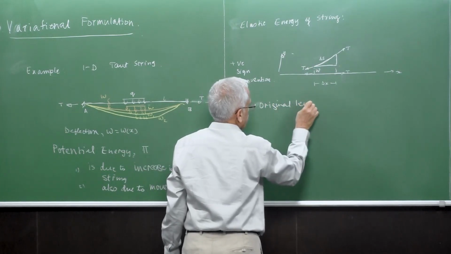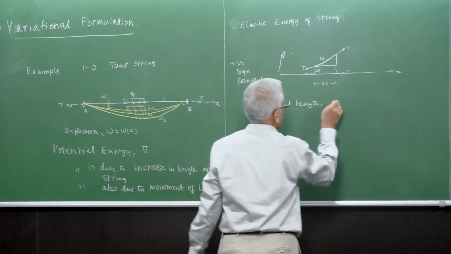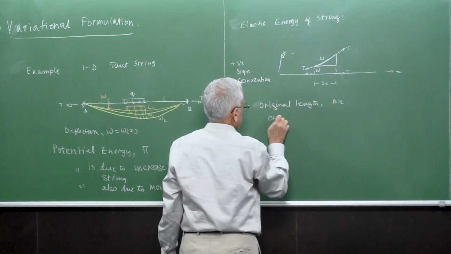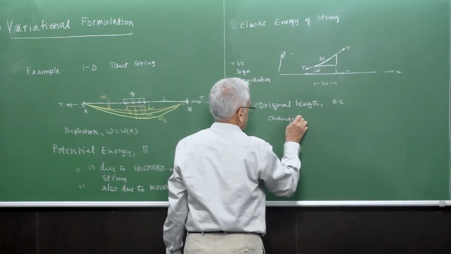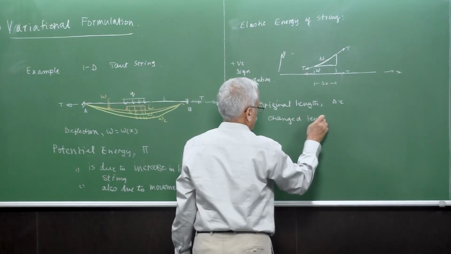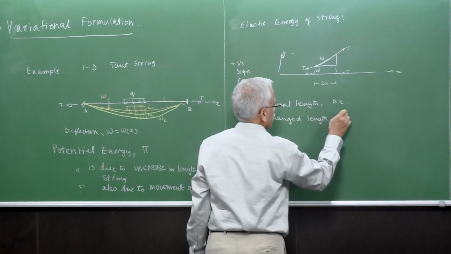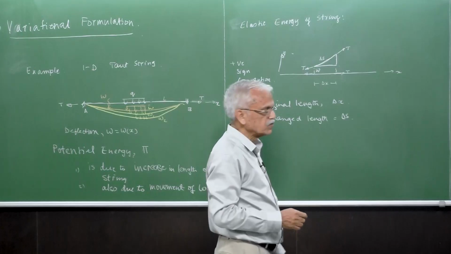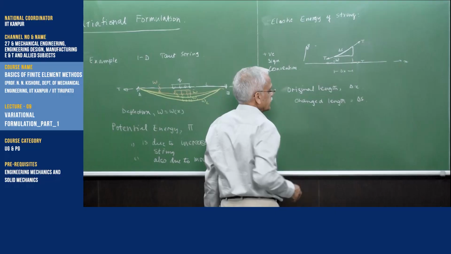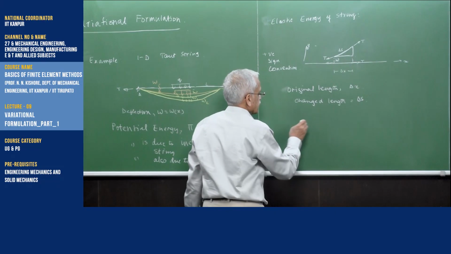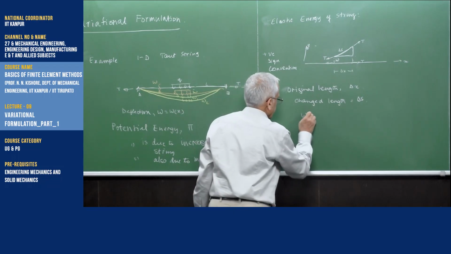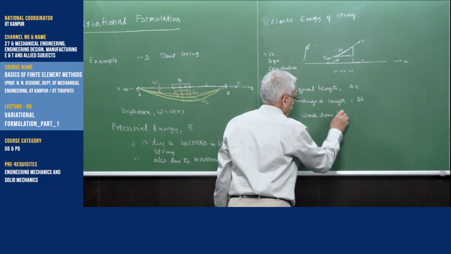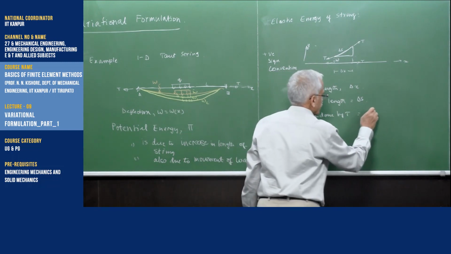The original length of this segment is delta x, and the changed length is delta s. And how much is delta s? The difference is delta s minus delta x, and the work done by T is equal to T times that.